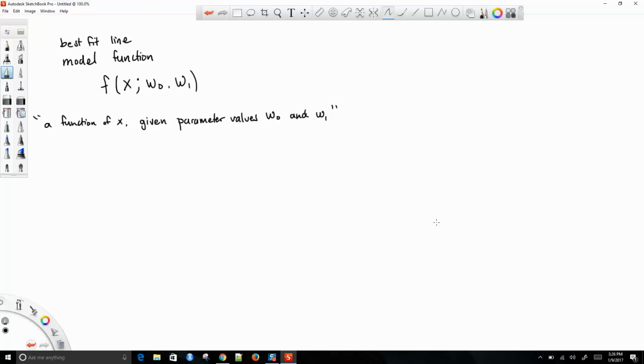And because this is a linear model, we're going to say that this function is going to be w0 plus w1 times x. All right, so w0 is our intercept, and w1 is our slope.